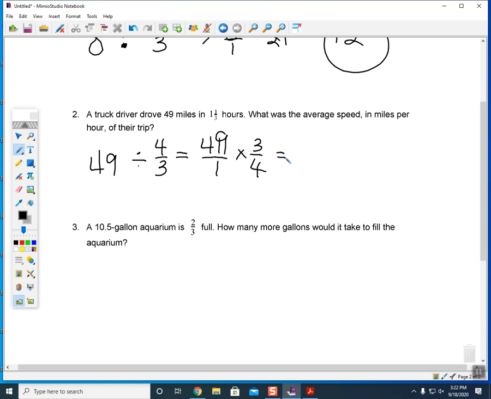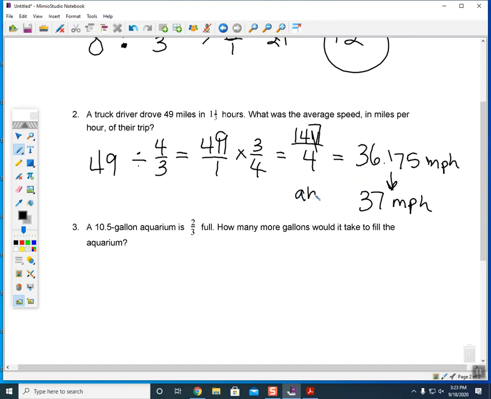So I'm going to take 49, I can't cross simplify here, so 49 times 3 gives me 147. 147 divided by 4. When I do that, leaves me with 36.75 miles per hour. I could round this up to about 37 miles per hour if I wanted to. About. And there's my answer.